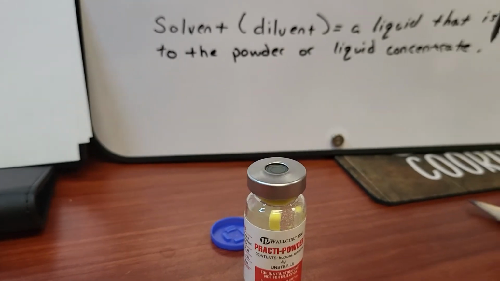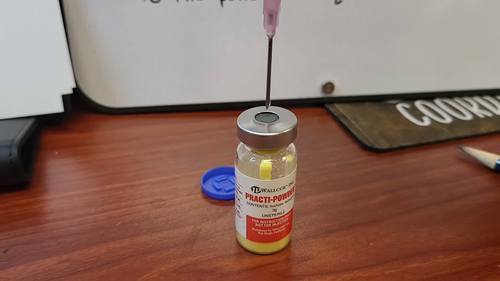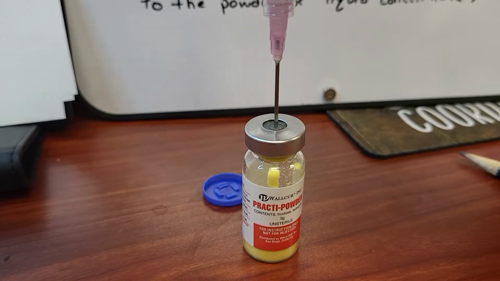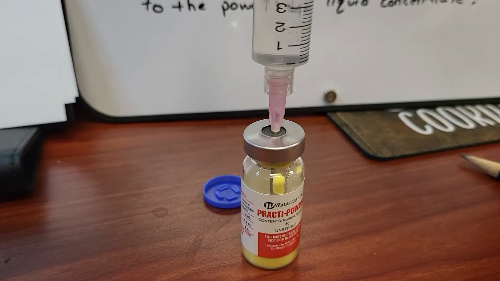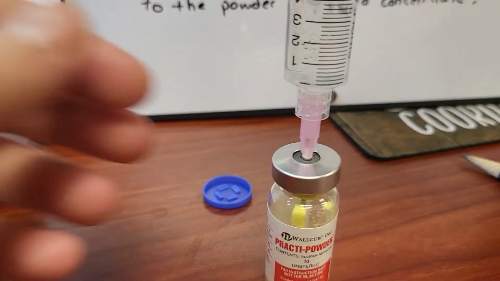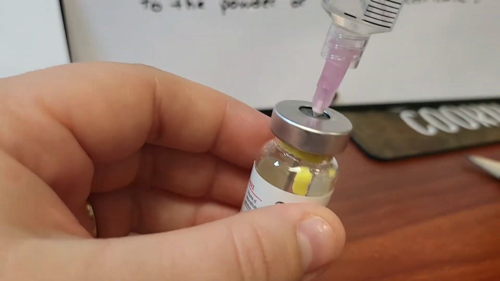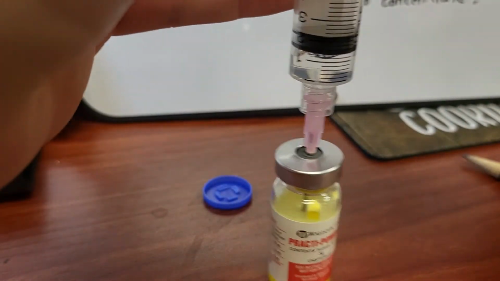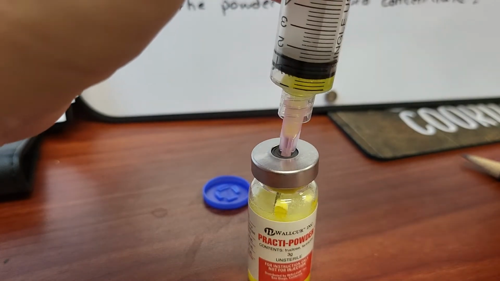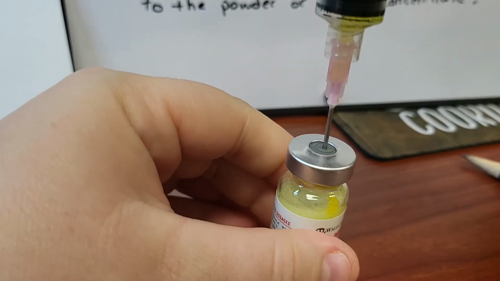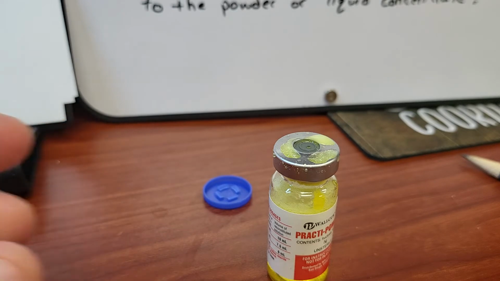Going right here in the middle of the vial, pressing it down. Now you're going to utilize, see how my hands are? And you're going to push it in. Push it, push it in. It's going to be pressurized. Okay?